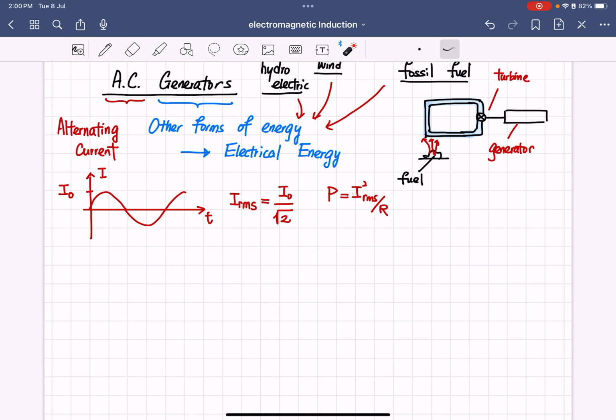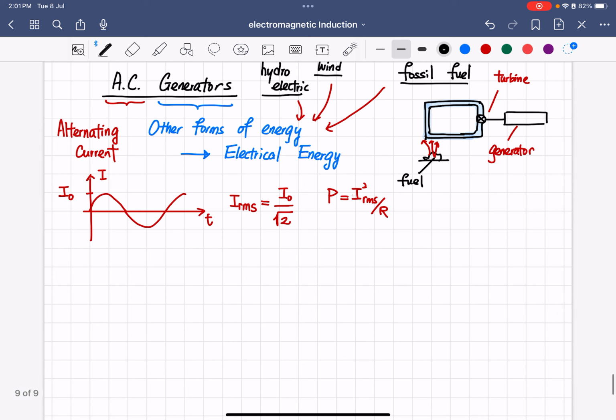Well, it turns out that there is a big reason why we attempt to produce alternating current in a generator, because we will want to use a transformer, and that will be the topic we will discuss next.